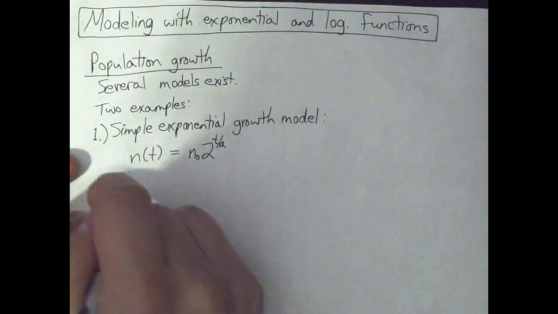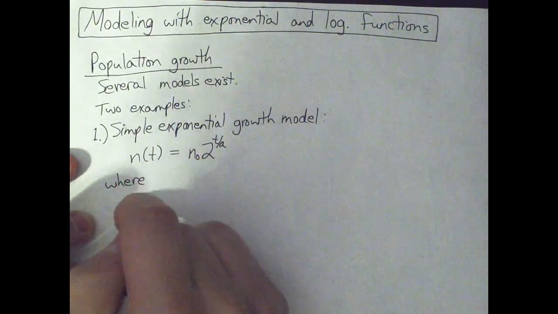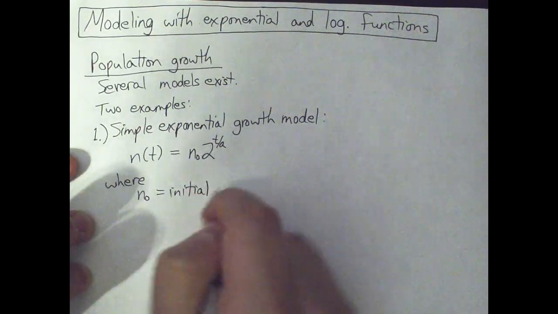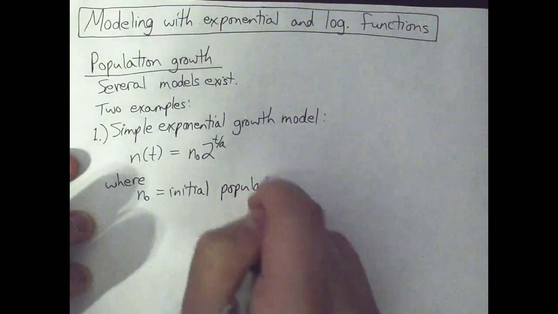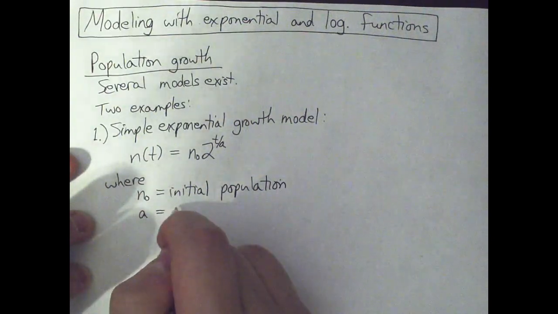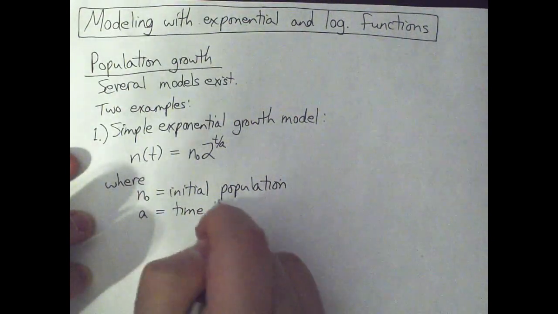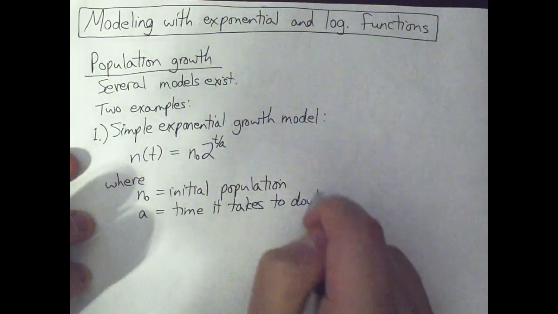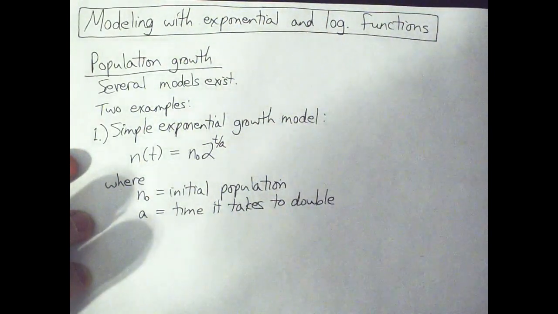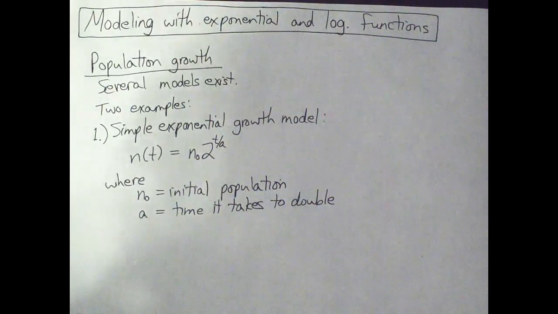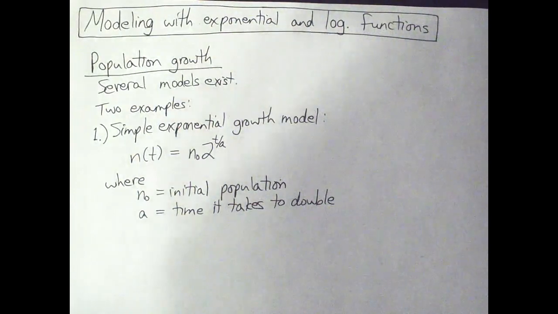And I should tell you what some of these things mean, where n sub 0 is the initial population, and a is the time it takes to double. And n of t is the number of individuals after t time has passed. Size of the population.